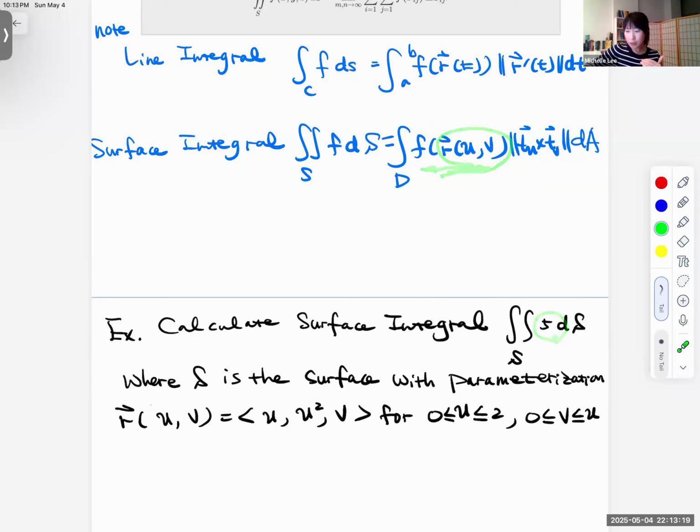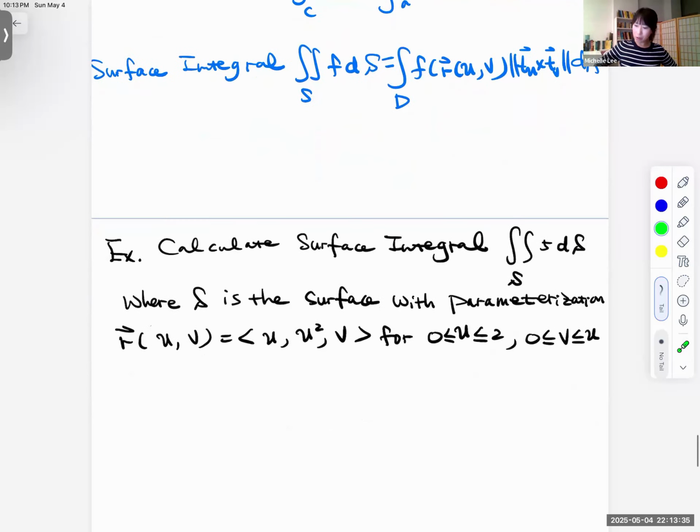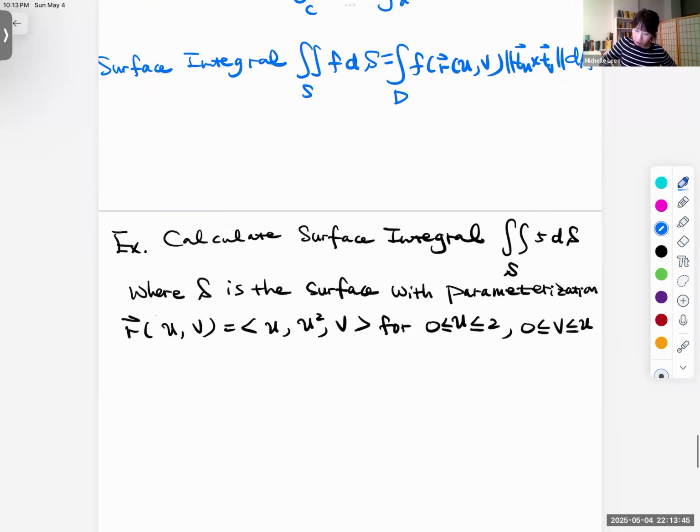We just need to find the magnitude of the cross product of the partial derivatives with respect to u and v of the tangent vector, and then integrate, of course. So let us do that. Tangent vectors first.